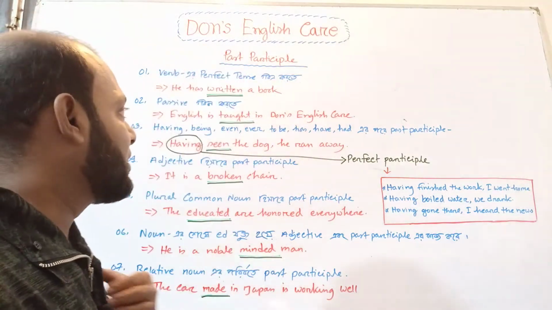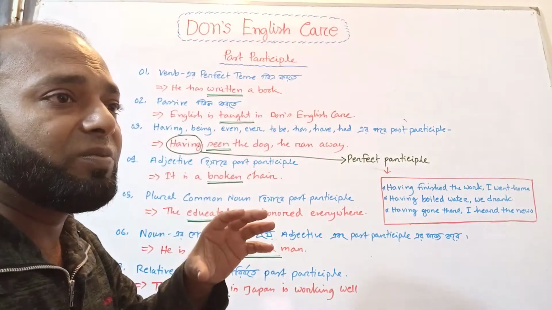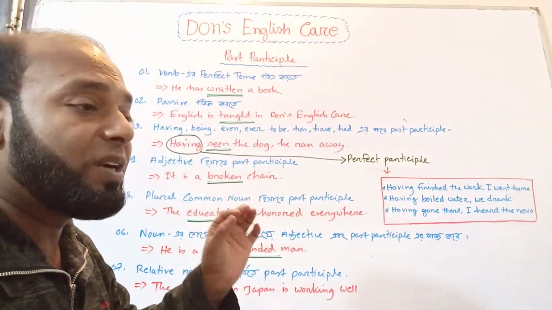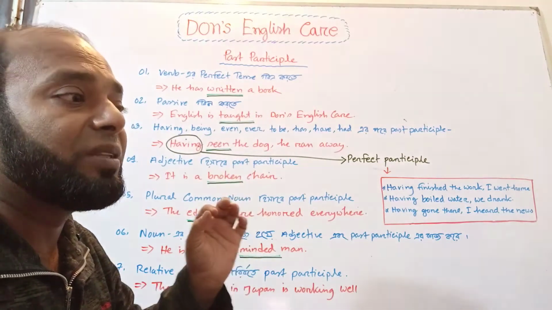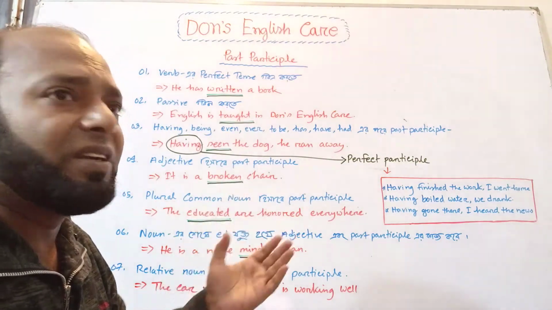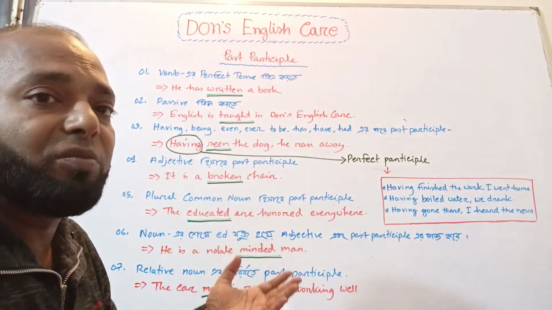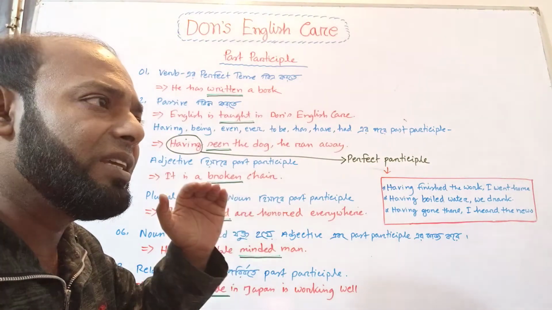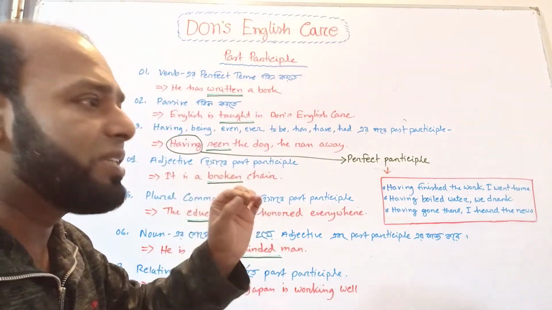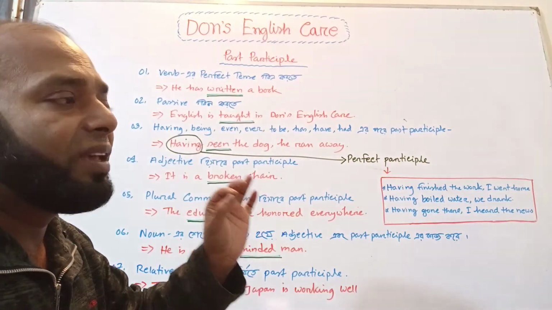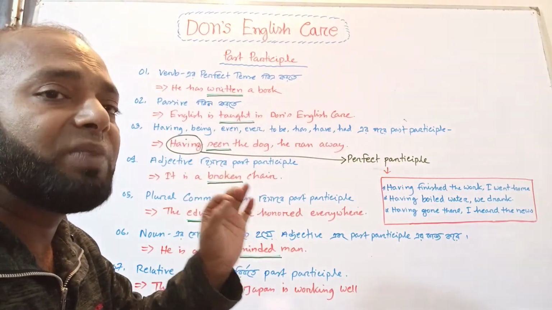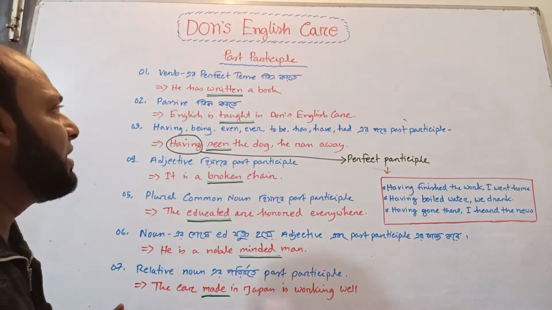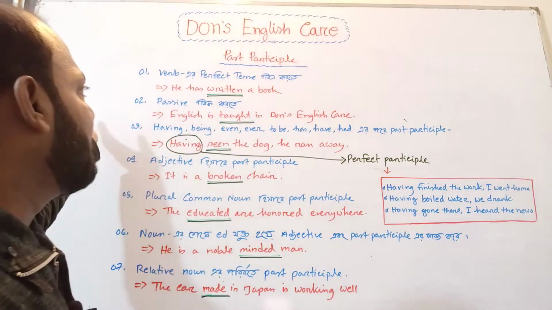You can recognize a past participle as a verb with ed, or a strong verb maybe. If in any sentence you see a verb 3, you can call it a past participle. But there are some particular uses.